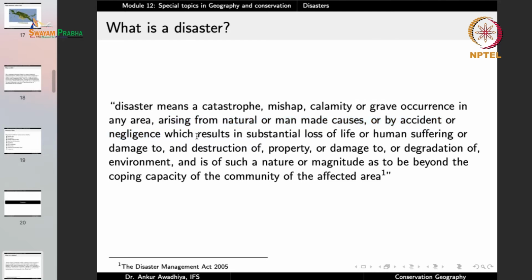And the common feature is that any of these disasters results in a substantial loss of life or human suffering, or damage to and destruction of property, or damage to or degradation of environment. So it can result in a loss of life, it can result in a huge amount of human suffering, or it can damage or destroy property, or it can damage or degrade the environment.